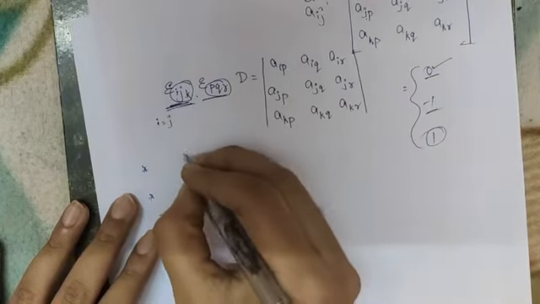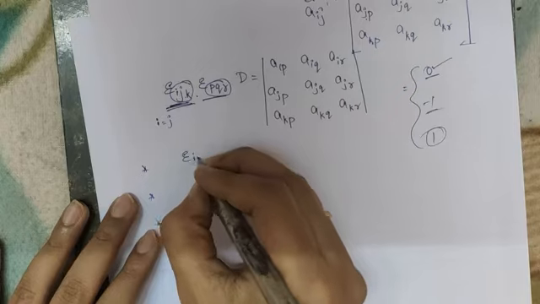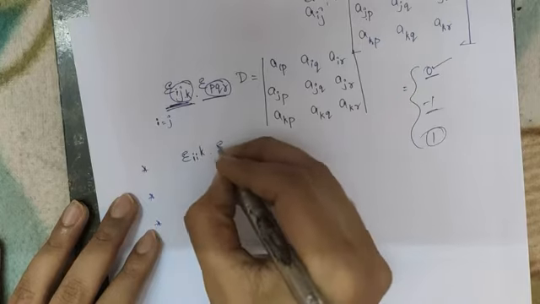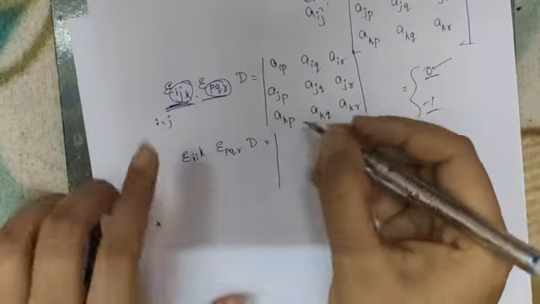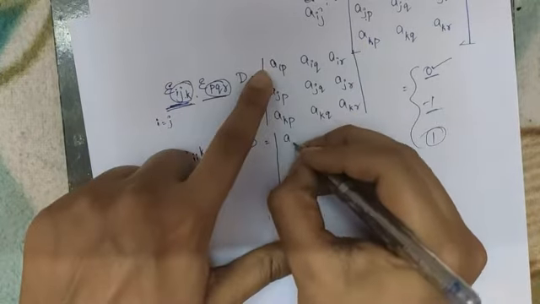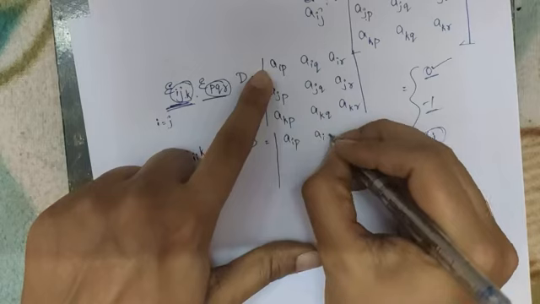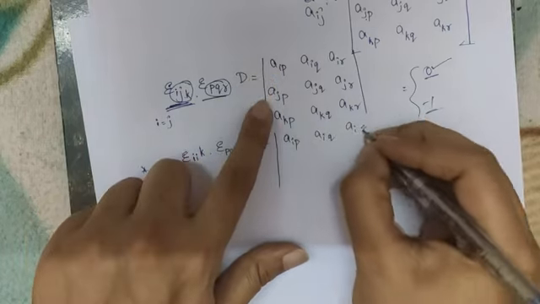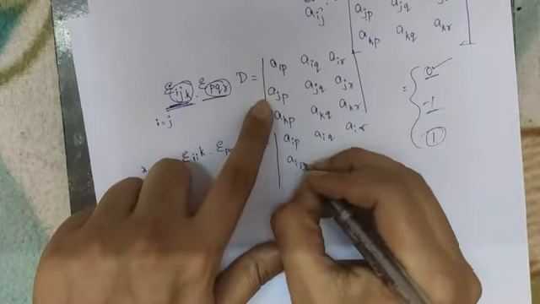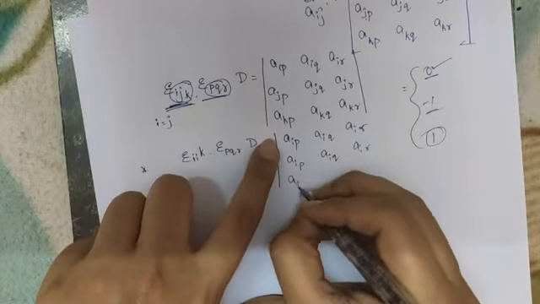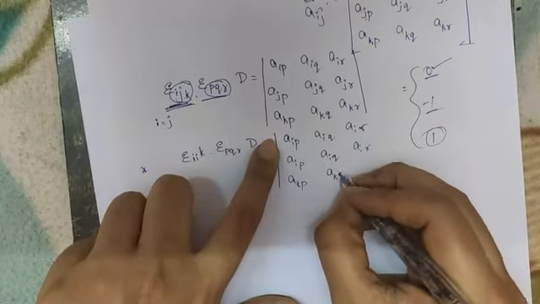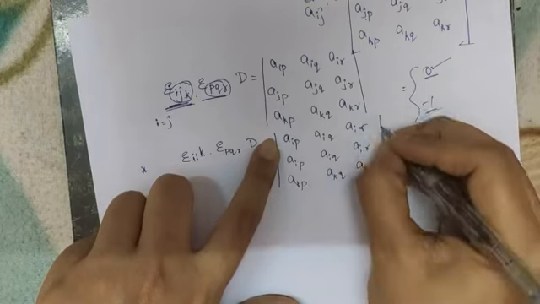So this will become epsilon iik epsilon pqr into D is equal to, since i is equal to j, the determinant of AIP, AIQ, AIR, AIP, AIQ, AIR, AKP, AKQ, AKR.